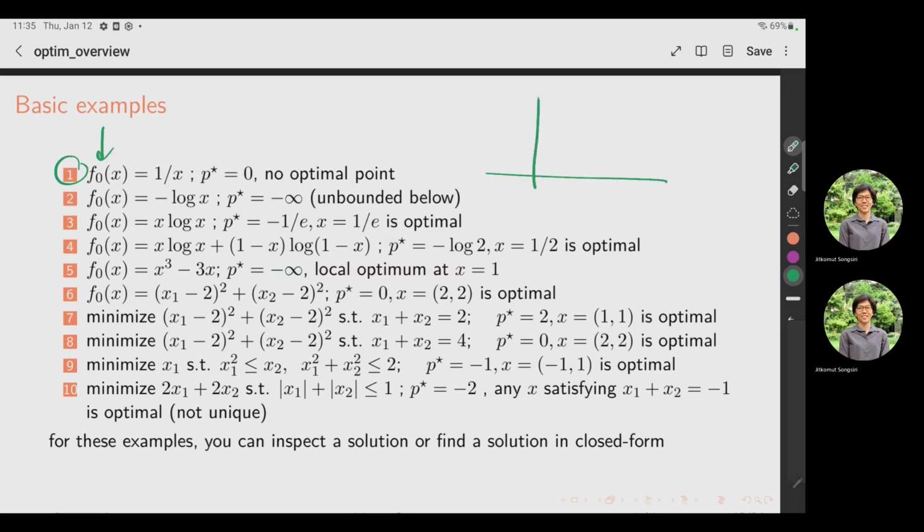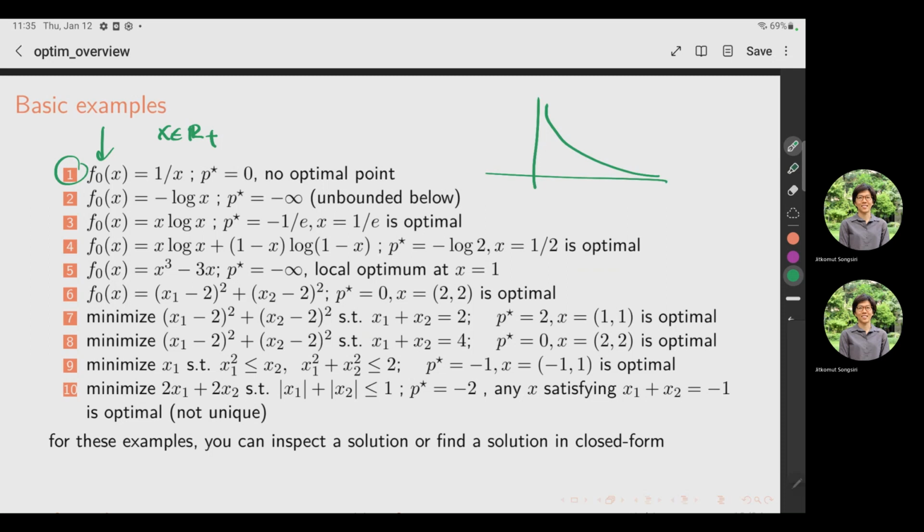I want to minimize 1 over x without a constraint. How does it look? 1 over x, like this. Maybe, sorry, my constraint is x in R plus.